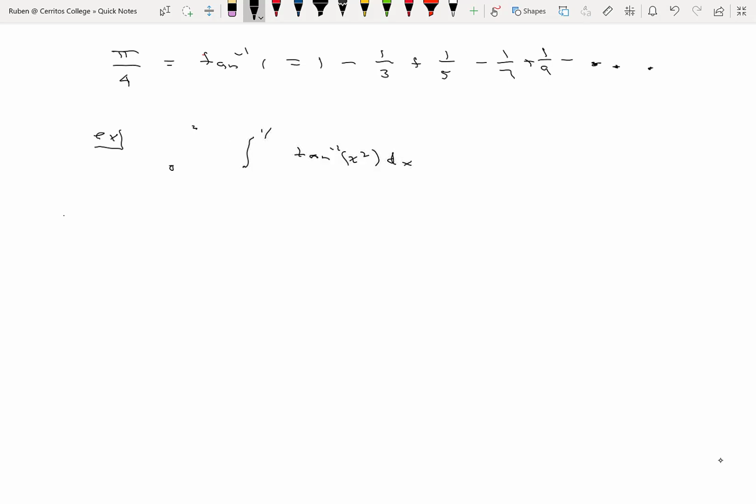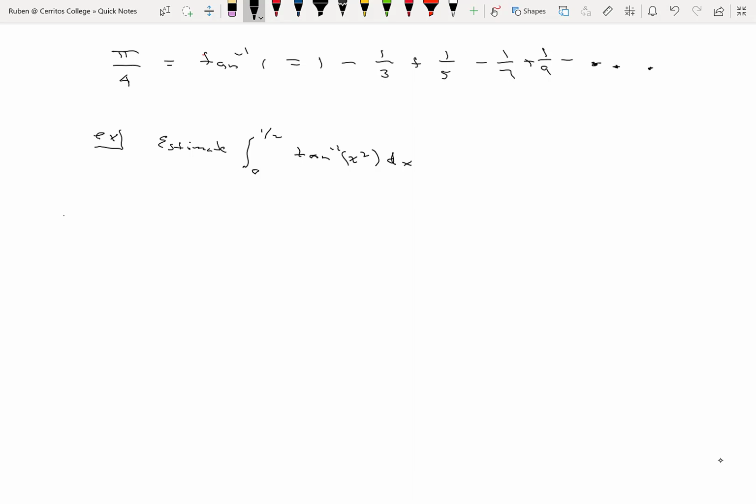I'll clean this up. Estimate the integral from 0 to 1/2. We've done this kind of stuff before, using Simpson's rule, trapezoid rule, midpoint rule. So we're doing something similar. In fact, we're doing exactly the same thing we did before, but we're going to do it using power series.